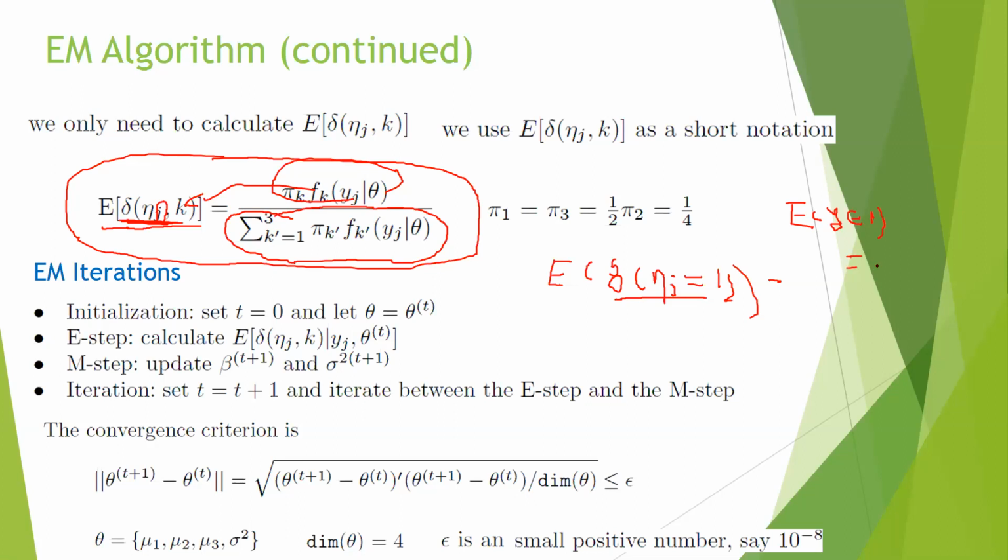We take the probability that Y belongs to the first group, plus the probability Y belongs to the second group, plus the probability Y belongs to the third group. That's the denominator, right? And in the numerator, we just put the probability that Y belongs to the first group. That's the expectation of Y belonging to the first group. Do you agree? Yeah, so the same thing here.